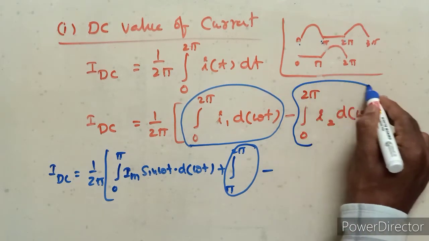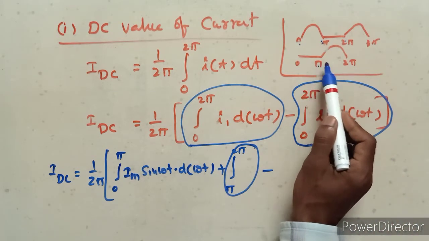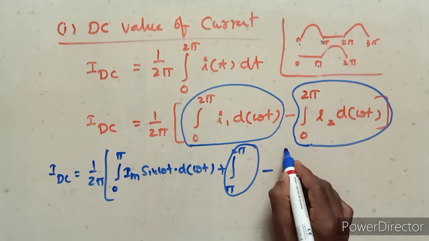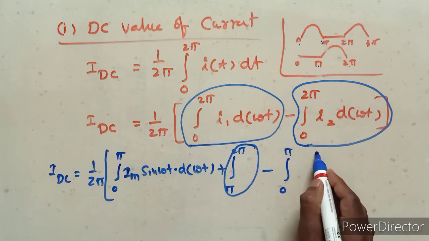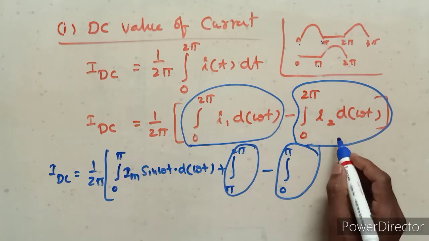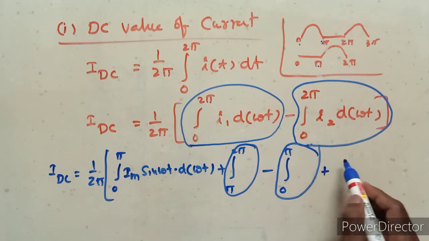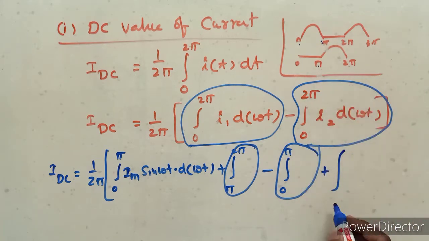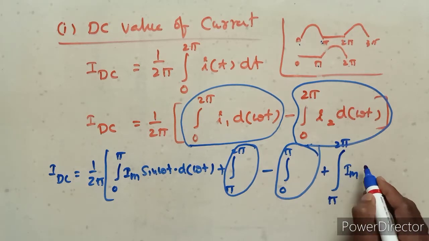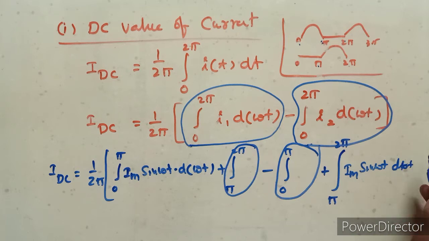In this condition there are two terms: 0 to pi is not allowed, pi to 2 pi is allowed. So integration 0 to pi is 0 because it is not allowed, plus integration pi to 2 pi Im sin omega t d omega t.